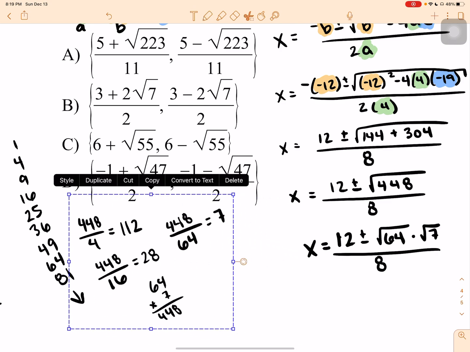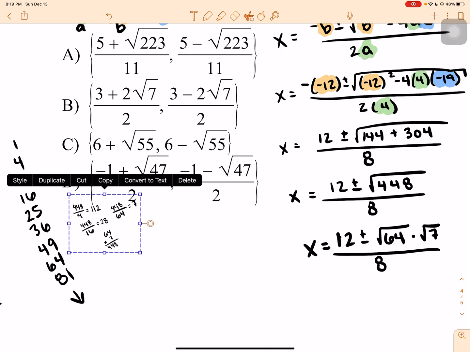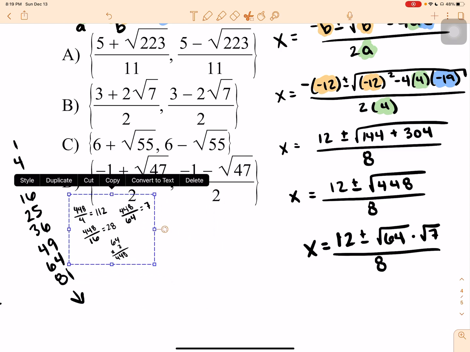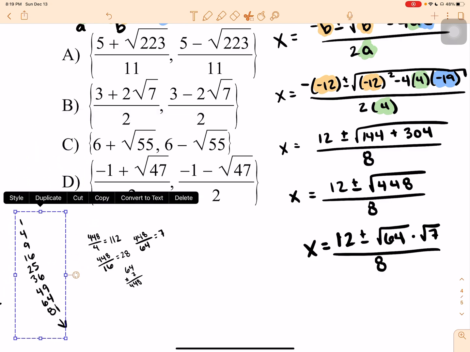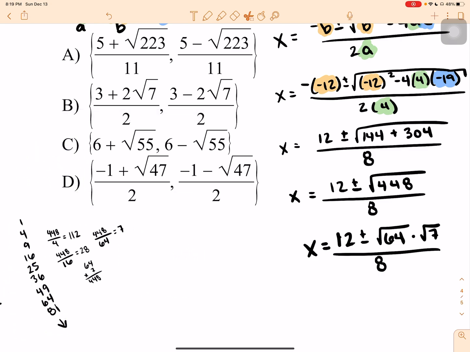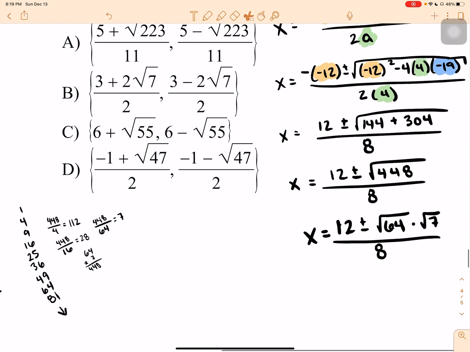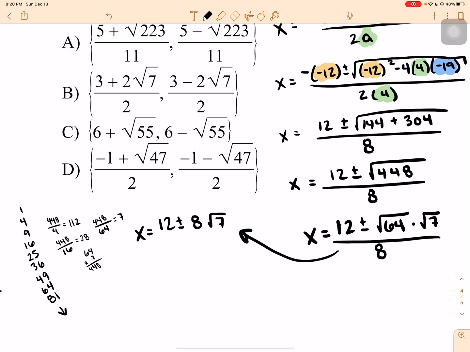So I'm going to move this off to the side. These were just my thinking notes. All right. So the square root of 64 is 8, so I'm going to rewrite this over here. x equals 12 plus or minus 8 square root of 7 all over 8.